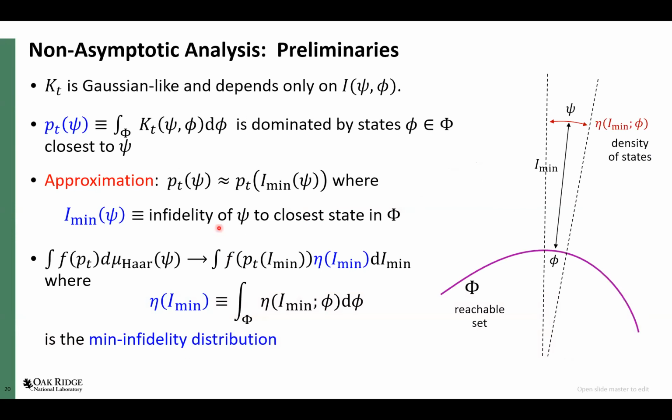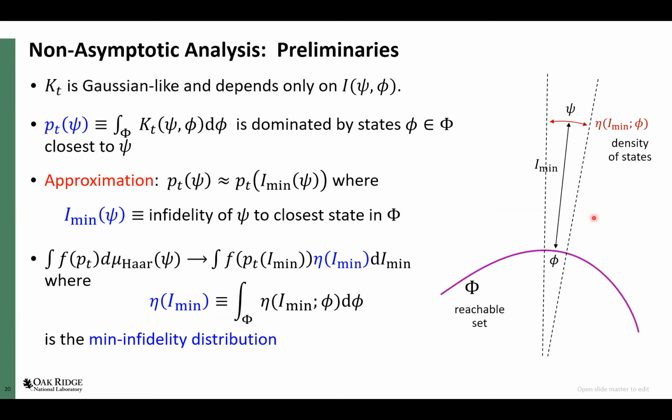I won't go through the details, but there are more sophisticated arguments one can go through where you're not making this flat Euclidean approximation. The important thing that comes out of this analysis is the notion of a density of states at a given distance from your manifold.